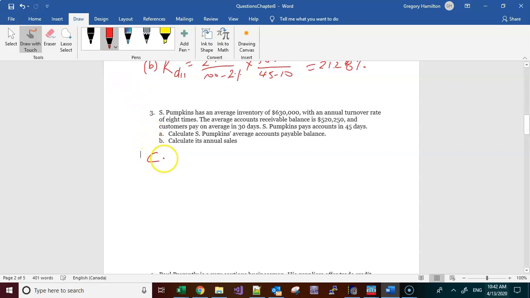Let's find cost of goods sold first. It is equal to average inventory times what? Average inventory times turnover rate.